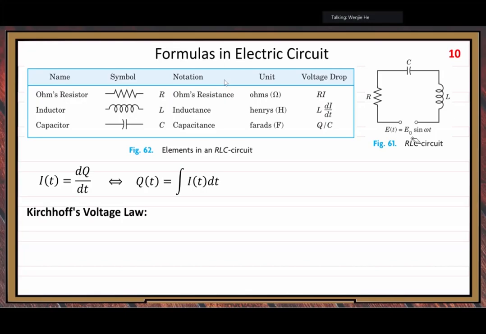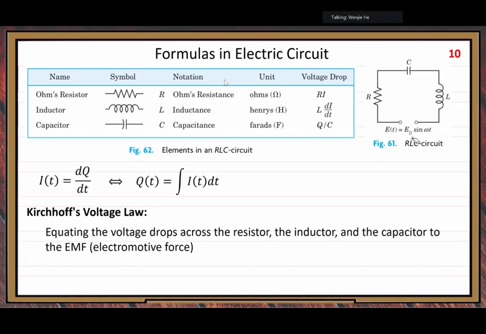All right, then Kirchhoff's voltage law, voltage drop. We saw this before. We equate the voltage drops across the resistor, the inductor and the capacitor to the EMF, the electromotive force.